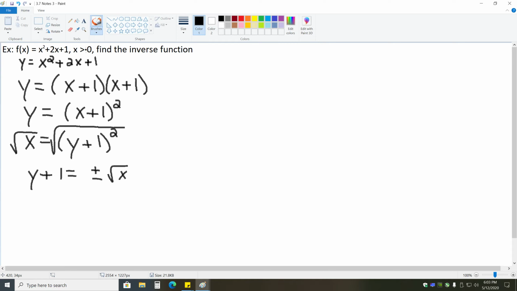Because x is greater than 0, what happens when we take the square root of x? Well, we had the possibility of a positive and negative answer because of that square there. But we don't have to worry about that, because we know there was only a positive answer.